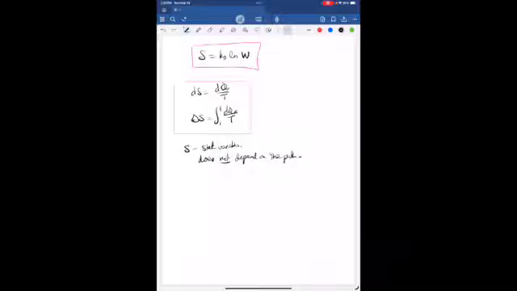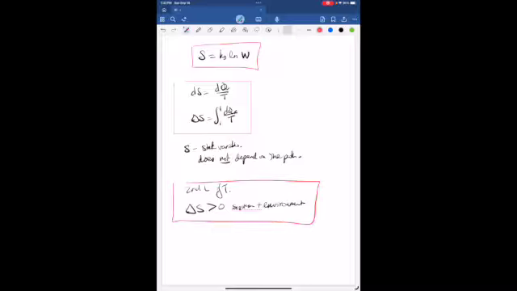Okay, then finally, our final thing is to restate the second law of thermodynamics as: the entropy of any system plus environment always increases. And this is an important statement.